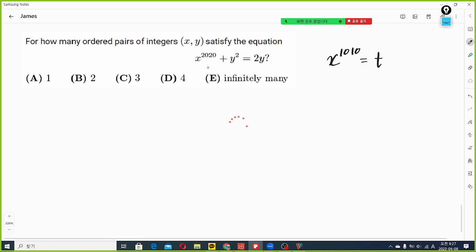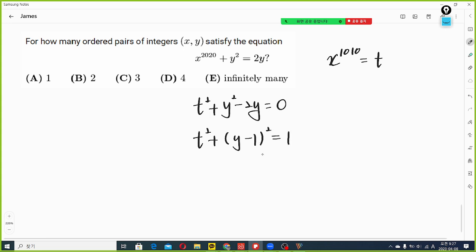In such a case, this equation becomes t squared plus y squared minus 2y equals 0, and this makes a circle. The center is (0, 1), and the radius is 1.